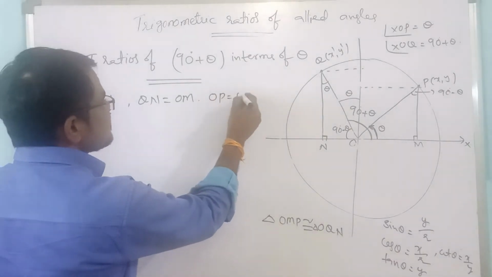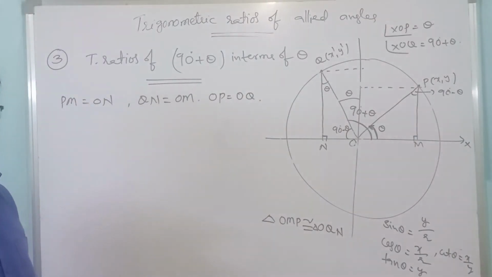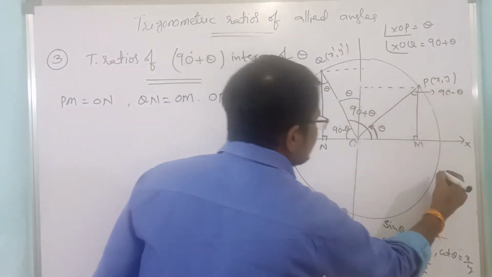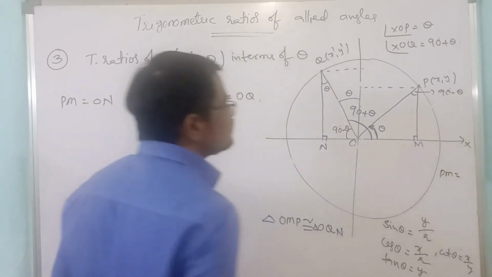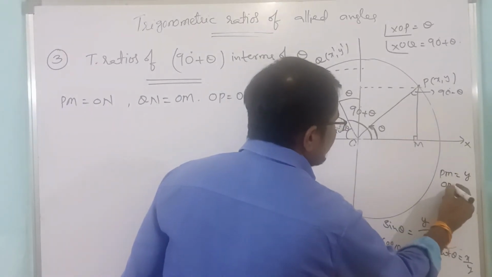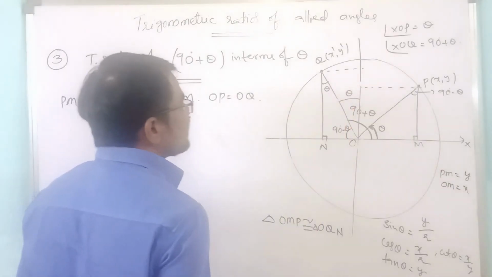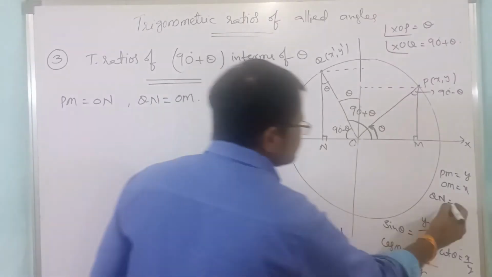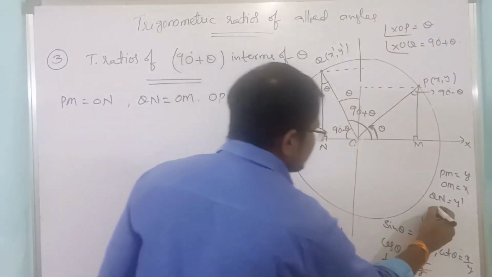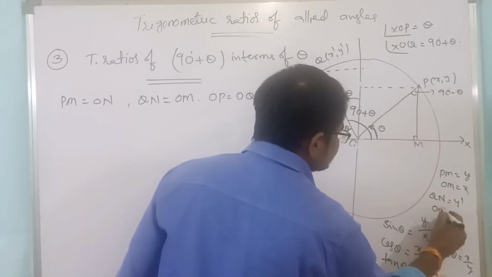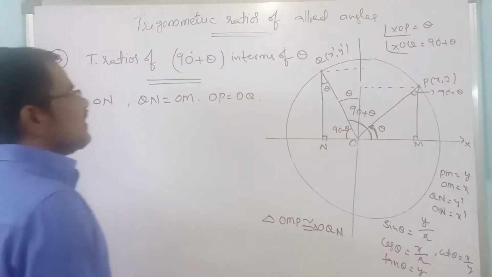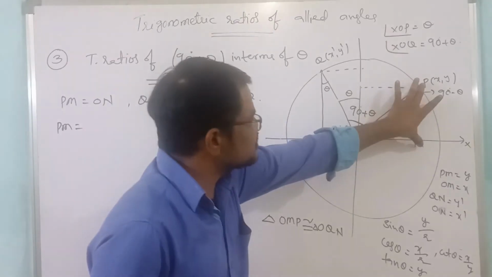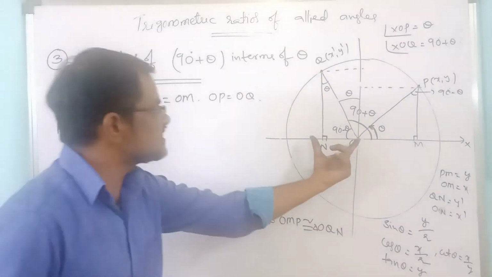So OP is equal to OQ, these two are the same. From this triangle, PM equals y and OM equals x. From this triangle, QN equals y dash and ON equals x dash. Now here PM is positive, but this is what?